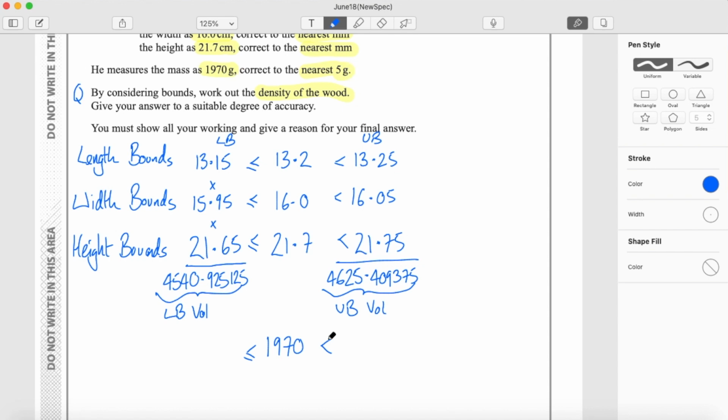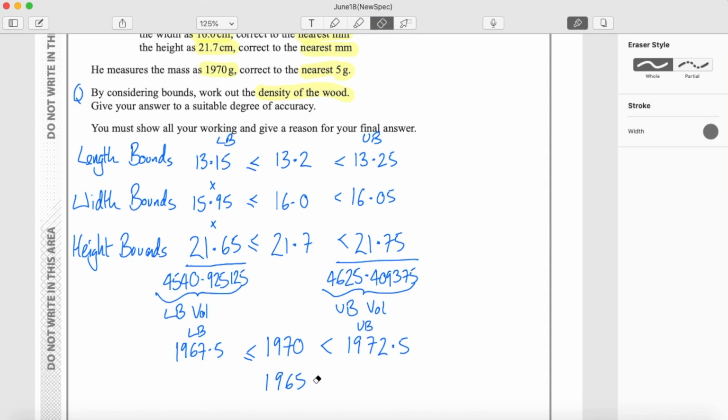That means we would either round up to 1975 or round down to 1965, since we're correct to the nearest 5 grams. Which means that if we were 1972.5, we would round up, because we'd be a little over halfway. But if we were 1967.5, we'd round up to 1970. So these are our lower bounds and our upper bounds for our mass.